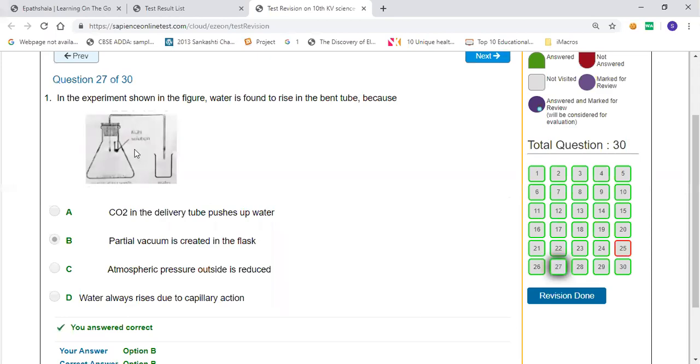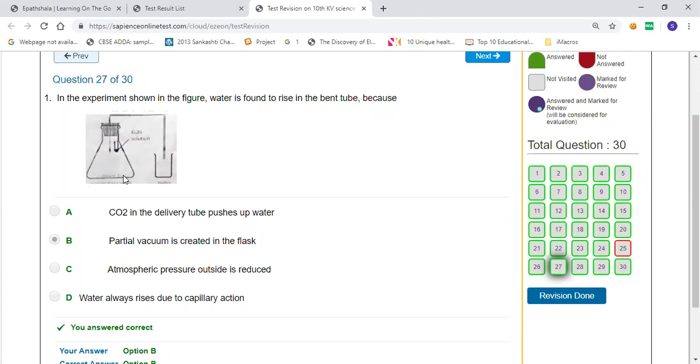This is the question. Here the potassium hydroxide is placed, and here the germinating seeds are there. They respire, and carbon dioxide is produced. That carbon dioxide is absorbed by the KOH. The container is closed, so nothing extra will come in, because the other bent tube is placed in water.